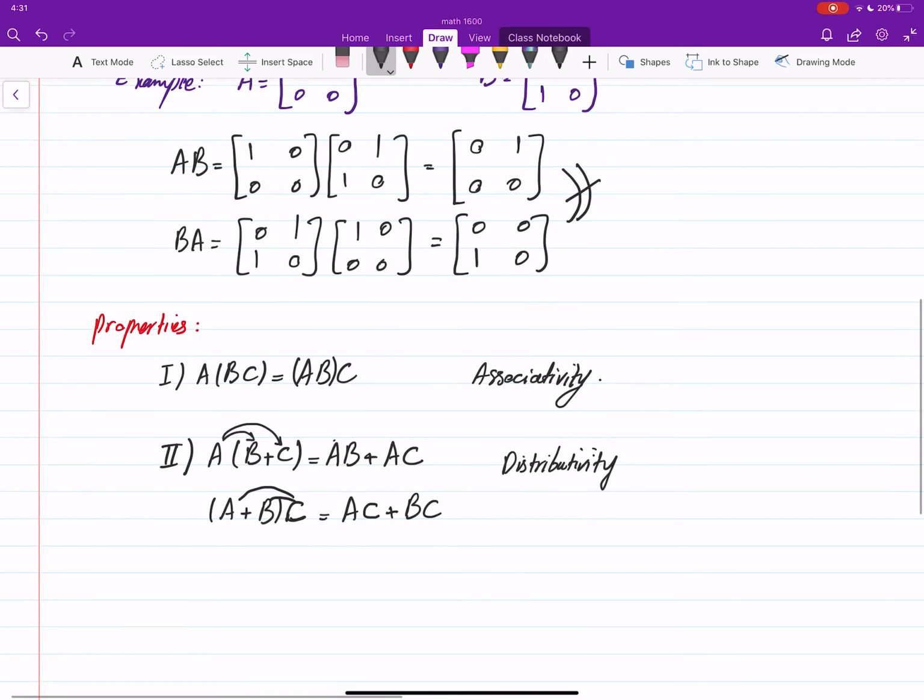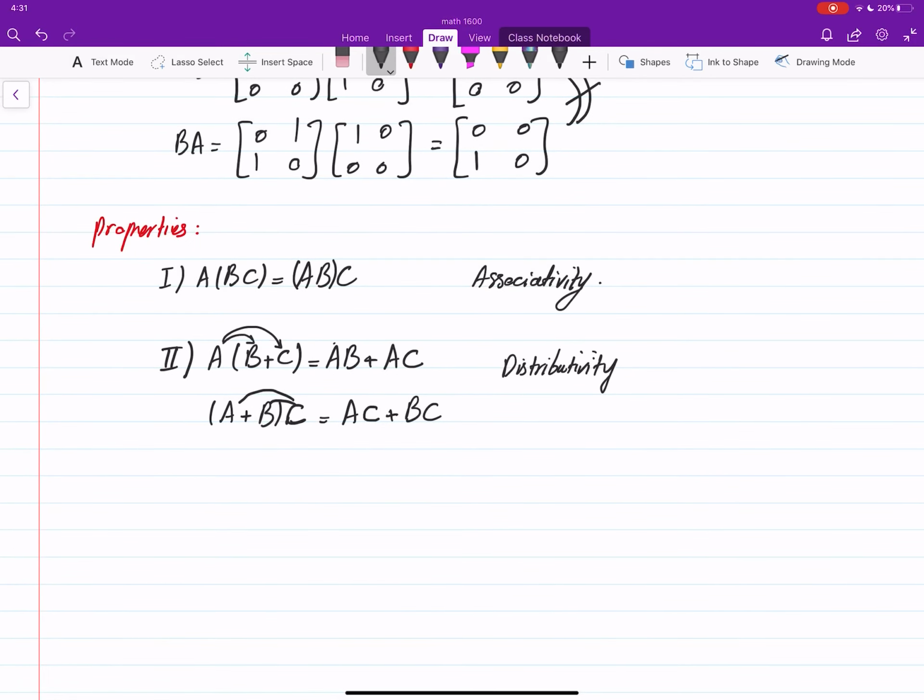And well, you can see easily how to prove this thing. For example, let me show the left distributivity. If I want to find the entries, let me just write the ij entry of this.